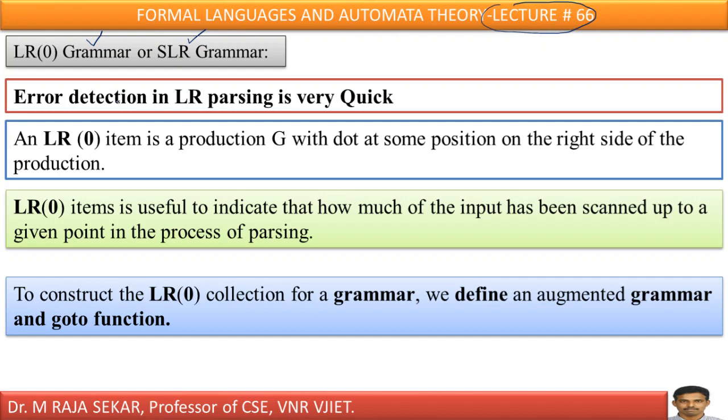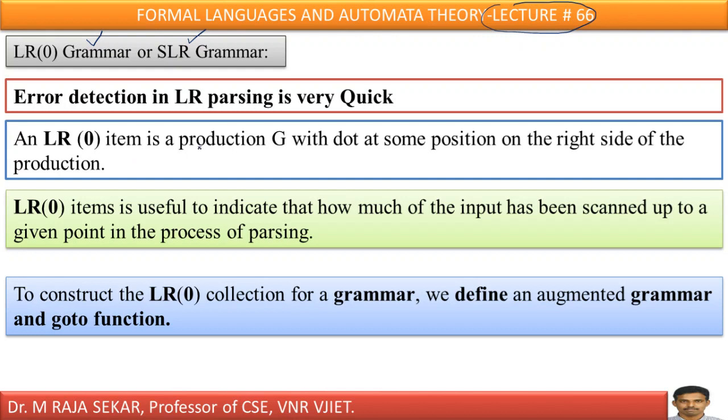Time being, let me explain like this. This is basically a parsing technique. What is parsing? Parsing means constructing a parse tree. Error detection in LR parsing is very quick.